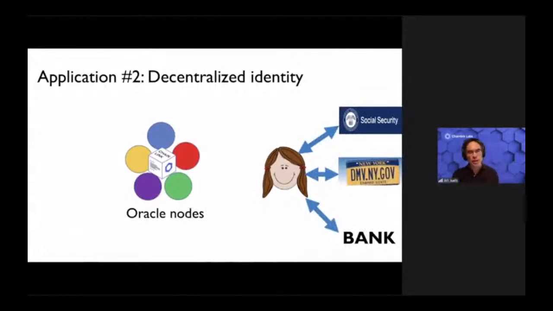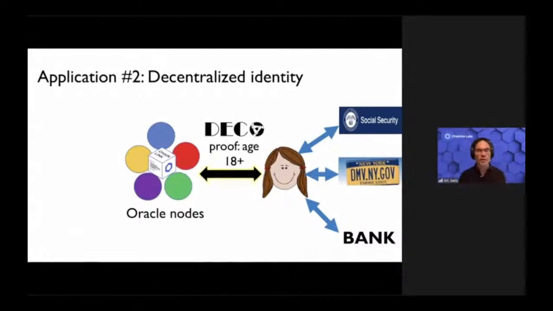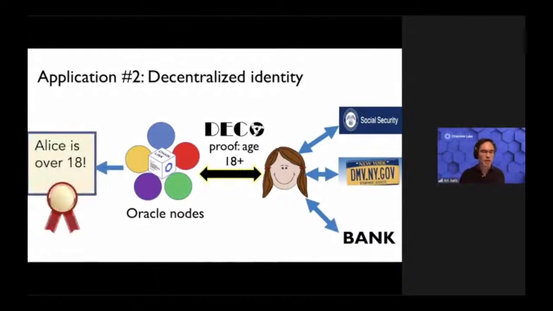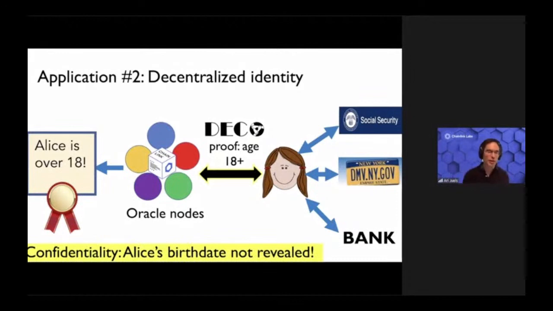And she uses DECO then to prove to the Oracle network that she's over 18 years of age. The Oracle network then generates a report saying Alice is over 18. This trustworthy report can be used as a credential for Alice to take out her loan or for any other similar purpose. And again, we get confidentiality here. Use of zero-knowledge proofs means that Alice doesn't have to reveal to the Oracle nodes her exact birth date. She just proves to them that she's over 18, and that's all they learn.